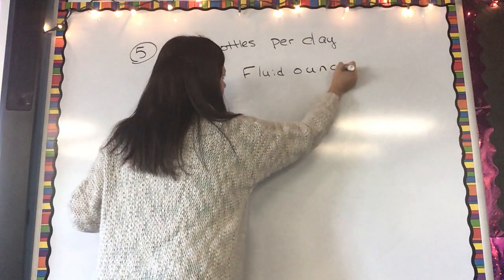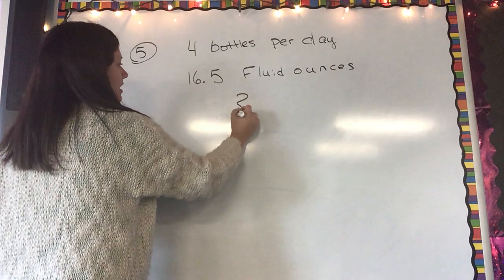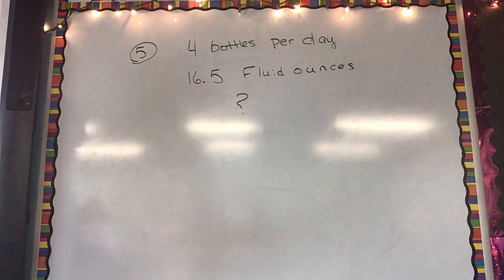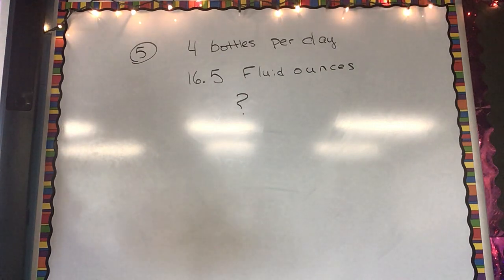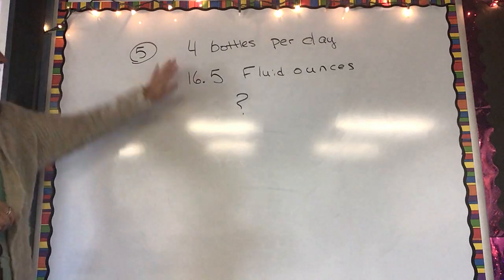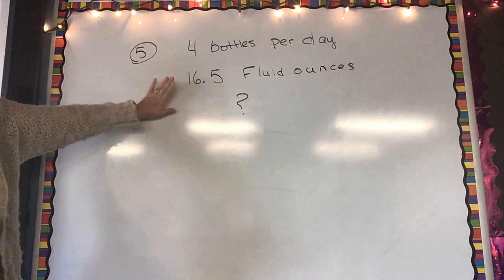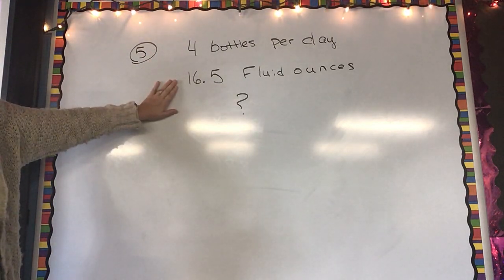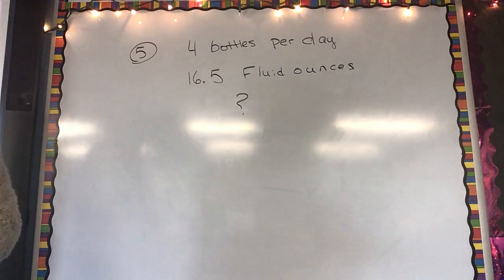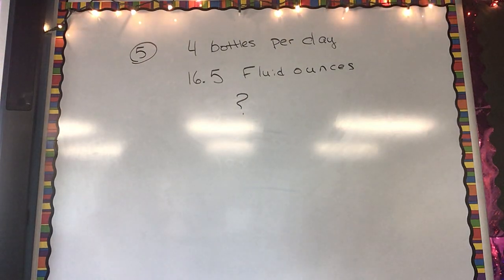So how many ounces of water is she drinking in a day? I want you to write down an equation and a solution. Give me an equation and a solution.